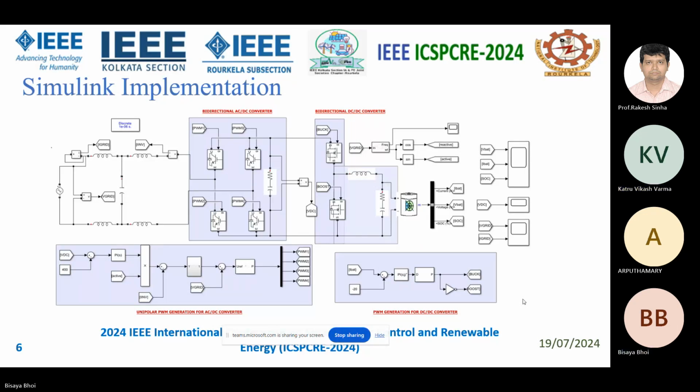Sir, I have given one reference to that battery. Below that SOC, it will not discharge. No, sir is asking what kind of controller you are using to set the output voltage.